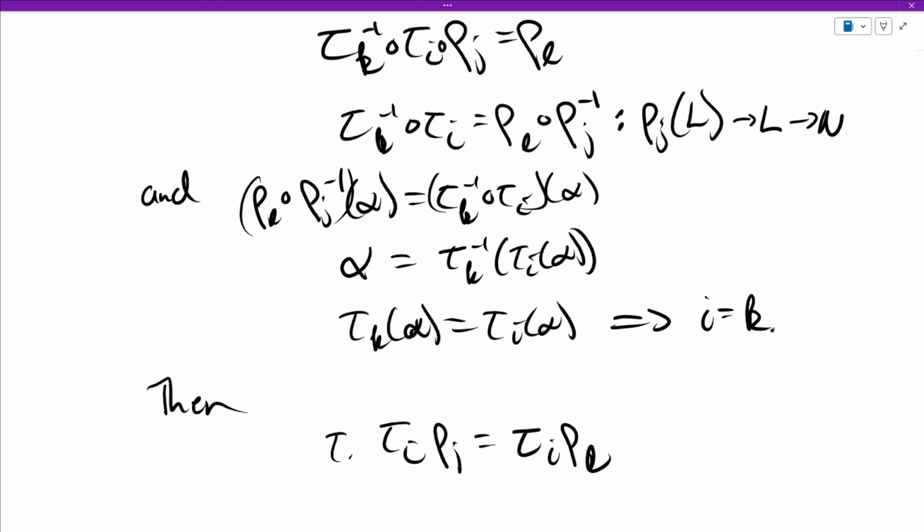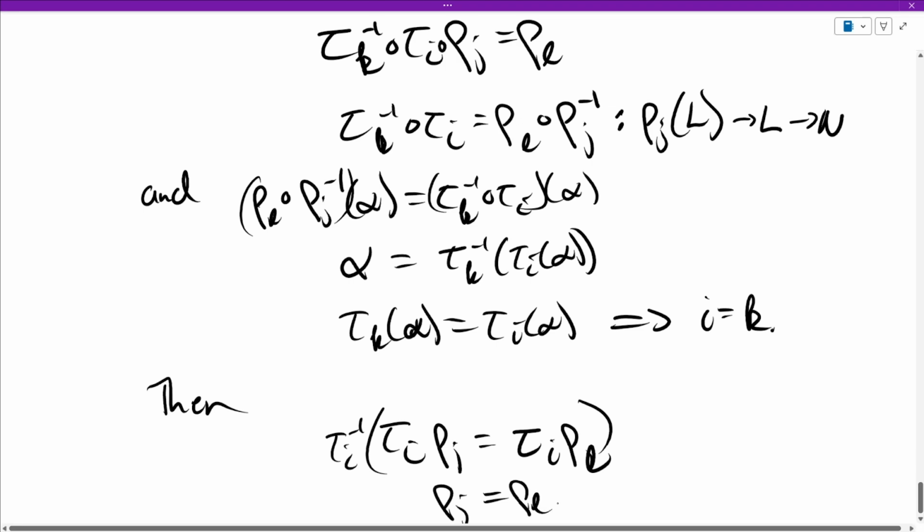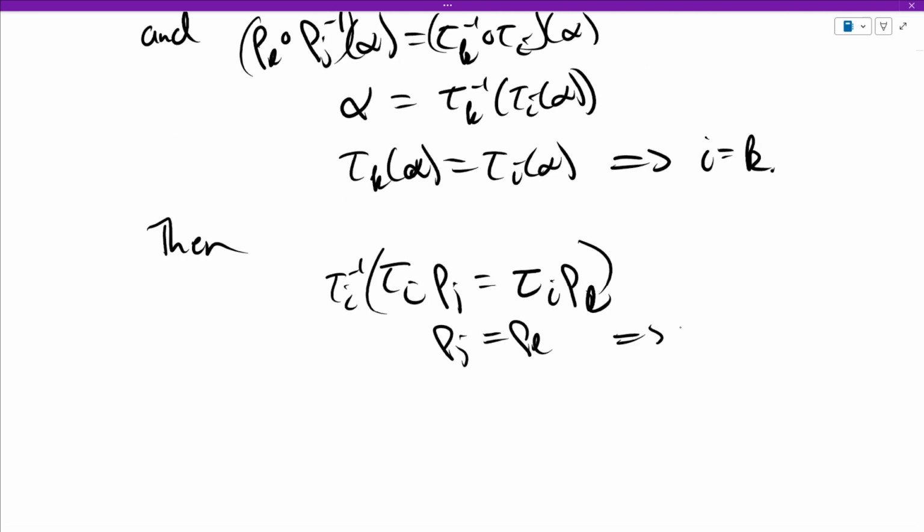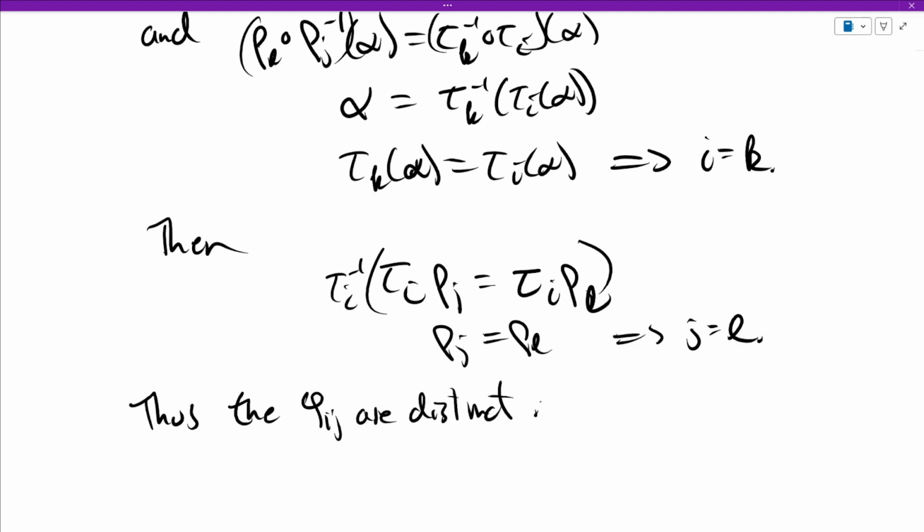But we can apply tau I inverse to both sides, and we get rho j is rho l, and therefore j is equal to l. Thus I is k and j is l. So that's it. Thus they're distinct. So the only time they could be equal is if the indices were the same. Thus, to be more specific, the phi ij are distinct. All right, sorry, it was a little convoluted.